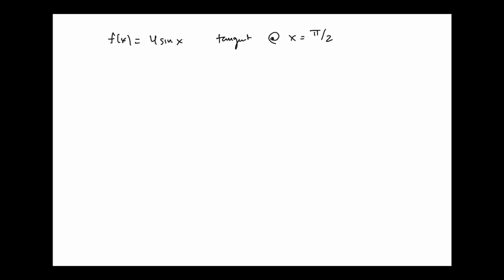Okay, what 2 pieces of information do we need to come up with the equation of a tangent line? We need a point and we need a slope. Do we have a point? Well, we have half of the point. We know its x coordinate. How do I get the y coordinate? Yeah, plug it into the original function. Okay, so the point is going to be at pi halves, that was the given x coordinate, comma f of pi halves.